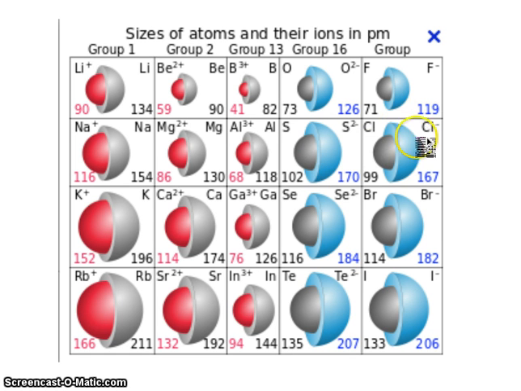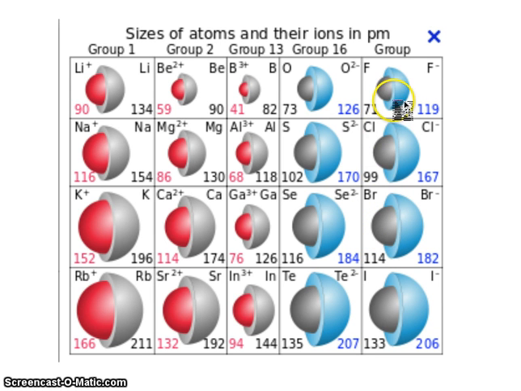For example, in chlorine, you have 18 electrons, but you only have 17 protons trying to pull in on those 18 electrons. And so it's much weaker than 17 protons trying to pull in 17 electrons. And so we see that negative ions are always going to be larger than the atoms they came from.